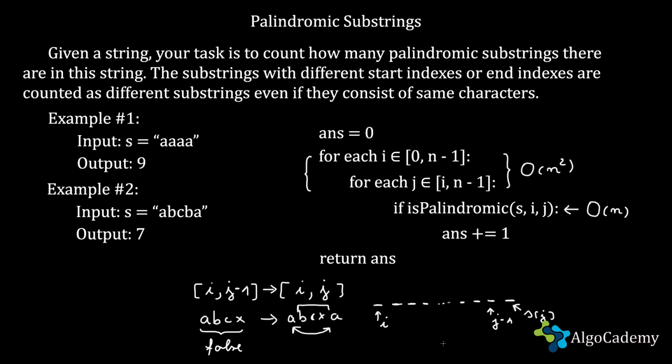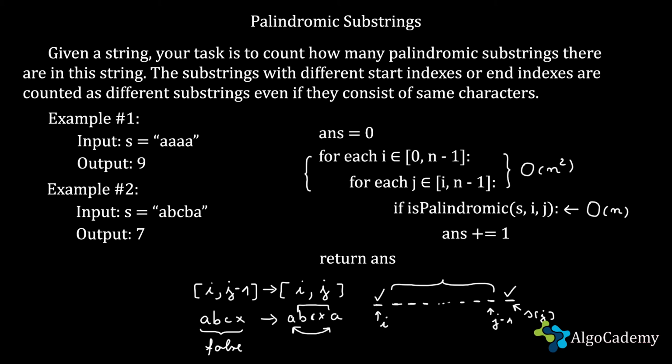In order for our subarray s of i and j to be a palindrome, first of all, the first character should be equal to the last one. So yes, we can check in constant time if this one is equal to this one. And let's suppose they are. This is not enough. I still need to know if this substring is also a palindrome.